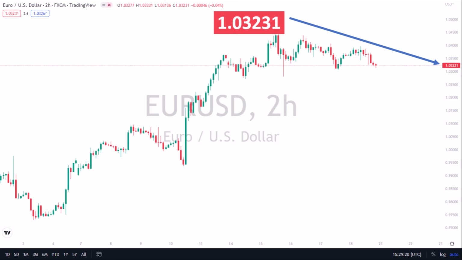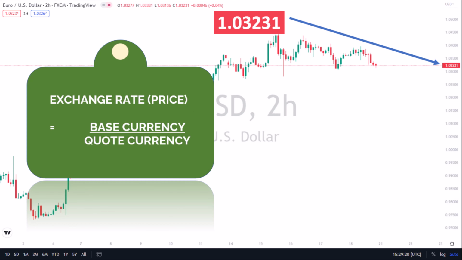Take a look at this chart. Currently, the price of Euro USD is 1.03231. What does this mean? This means that if you take the value of the base currency, in this case the Euro, and you take the value of the quote currency and you divide it, say 1 Euro divided by 1 US dollar, at this point of recording this video, you would get 1.03231.